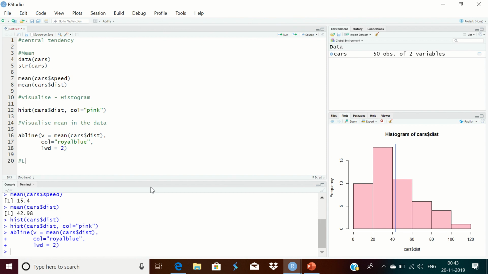Now let's try to do the legend, give the legend to make the graph more complete. It's helpful when people look at it, how they are going to perceive it, how they would understand it, right?